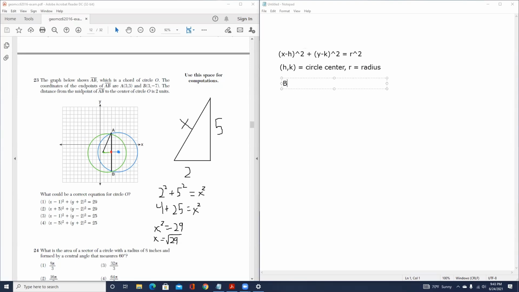Now we know that visually, looking at the blue circle, hk is equal to 5, negative 2, and the green circle equals 1, negative 2.